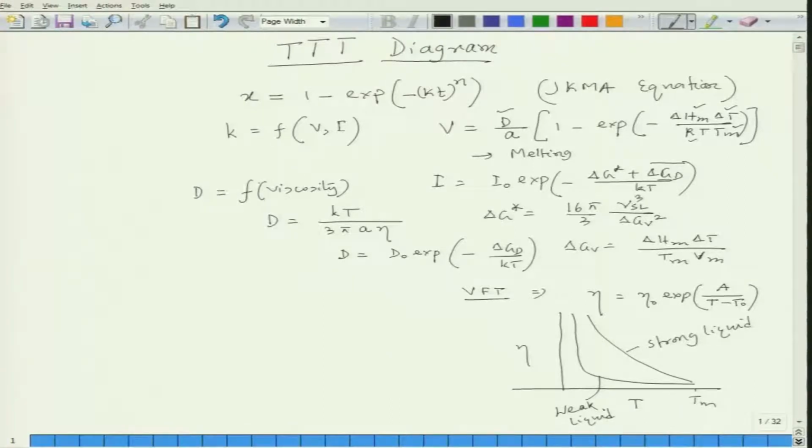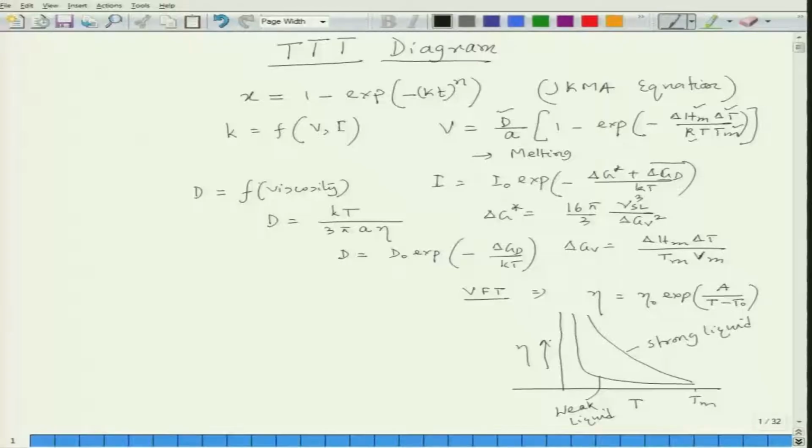It means that for a strong liquid, its viscosity changes very quickly to a very high value, and it reaches a value of 10 to the power 12 to 13 Pascal second, where the material can be considered as a glass. A strong liquid means it has a very high tendency to form glass, or the thickening of the melt is much better than that of the weak liquid.